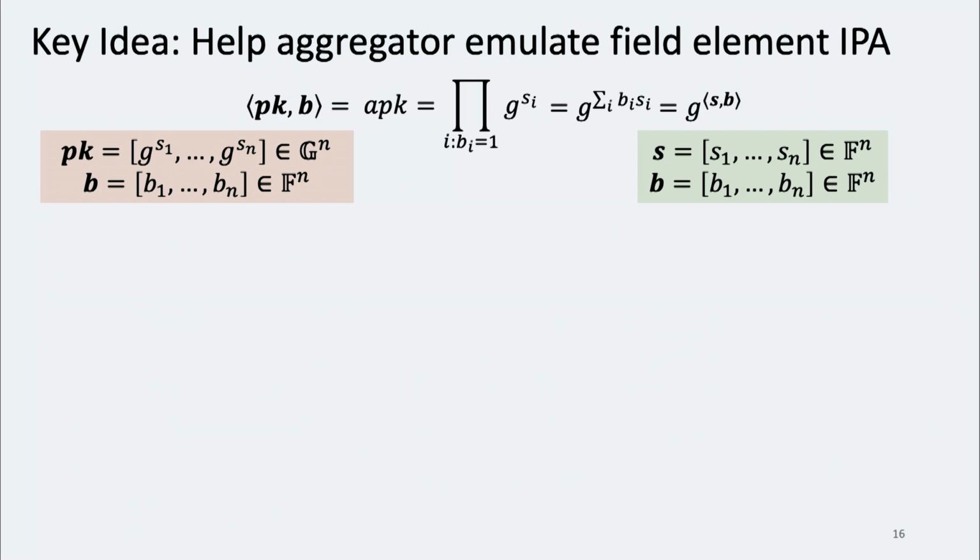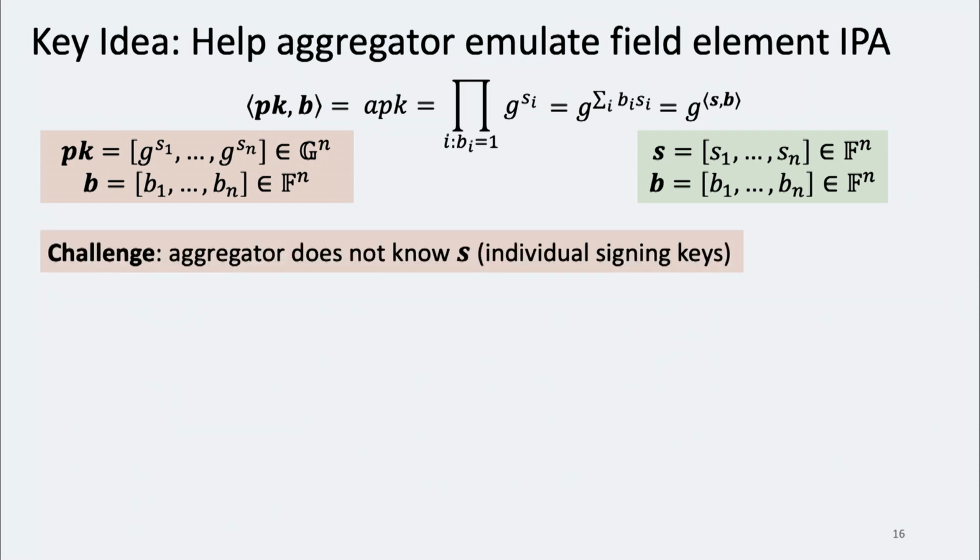So now it becomes an inner product between two integer vectors, two field element vectors, but it's in the exponent. It turns out it's not too hard to deal with something in the exponent. The real challenge here is that the verifier, or the prover, the aggregator, does not know one of these vectors. This vector S, the vector of individual signing keys, must be kept secret.